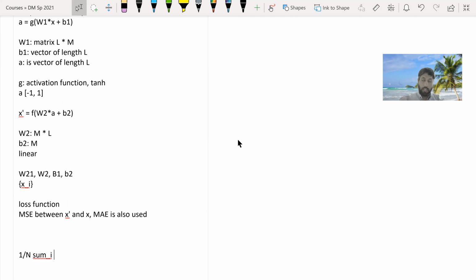In vector form, the squared error is x minus x prime, these are vectors, so we take the transpose so that it becomes a row vector, take the dot product with x minus x prime. So this is the mean squared error, the loss function which we try to minimize.